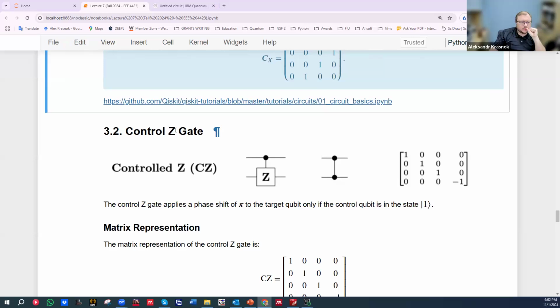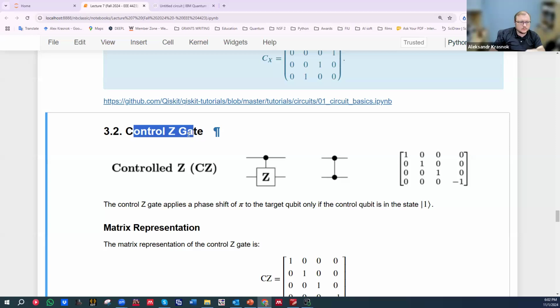So the next important 2-qubit gate is the Control Z gate. We will meet this one when we will be talking about some quantum algorithms. Okay, Control Z. The principle is the same.